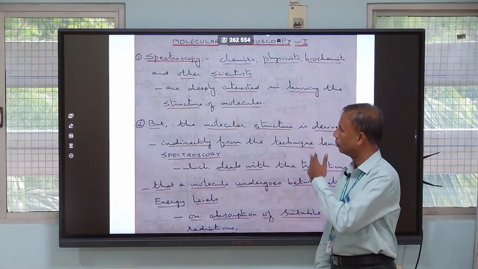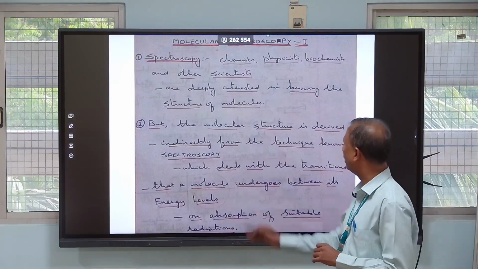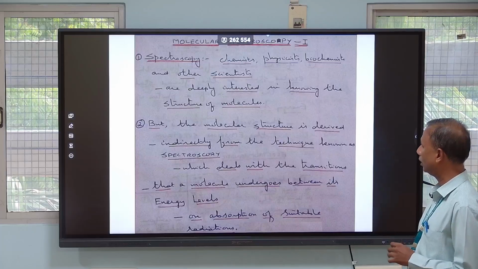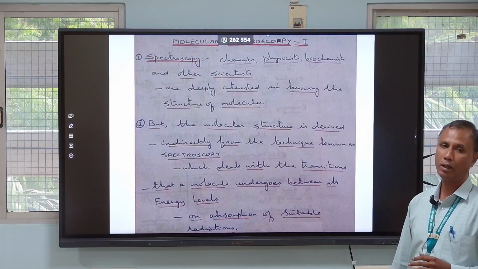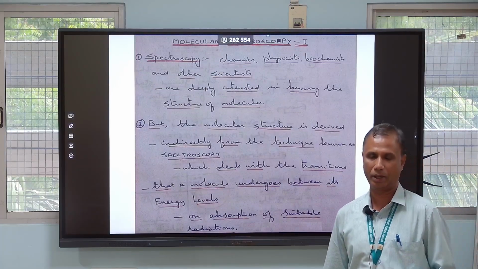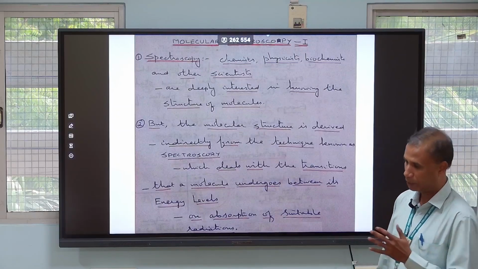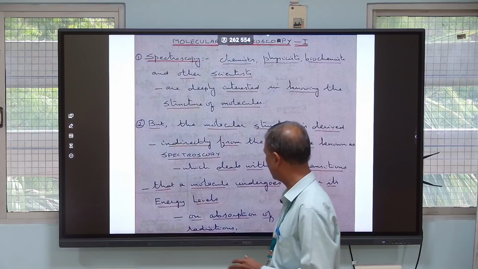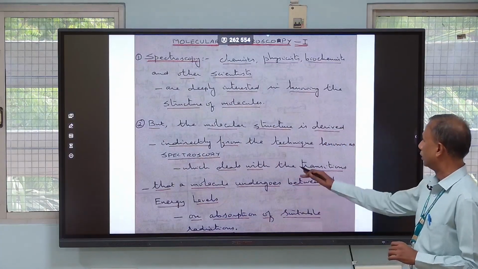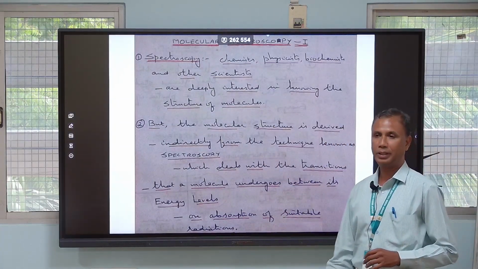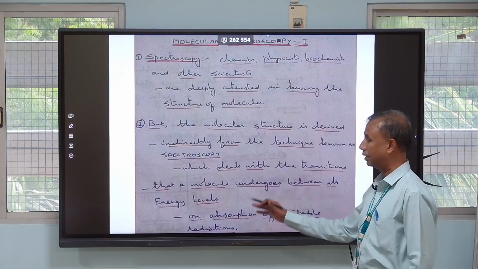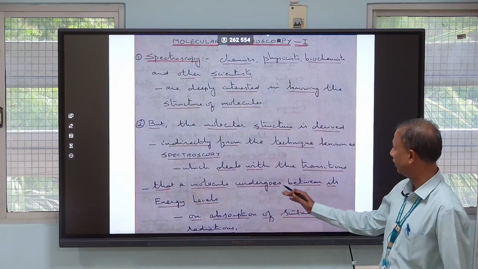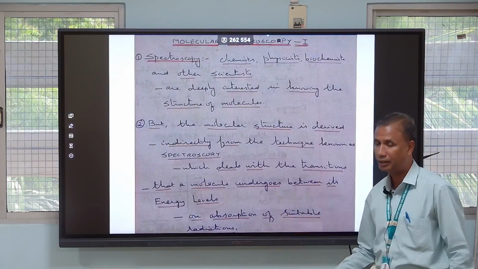As already mentioned, scientists are deeply interested in knowing the structure of a molecule, but there are no proper techniques to find out directly the structure of those prepared molecules or systems. Molecular spectroscopy deals with the transition that a molecule undergoes between energy levels.